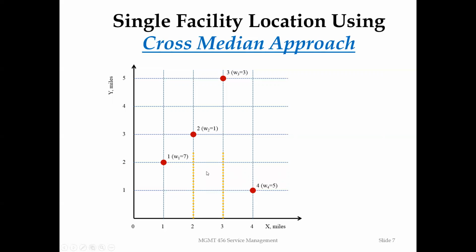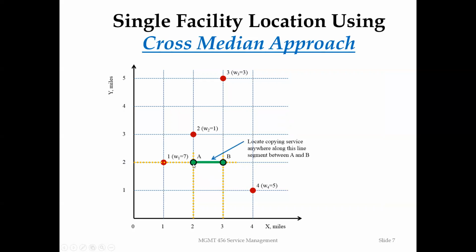If you recall from step 3, the y coordinate for the new facility should be equal to 2. So 2 is right here. That means it should be right here. It should always be exactly 2. The x can be anywhere between 2 and 3. What does that mean?